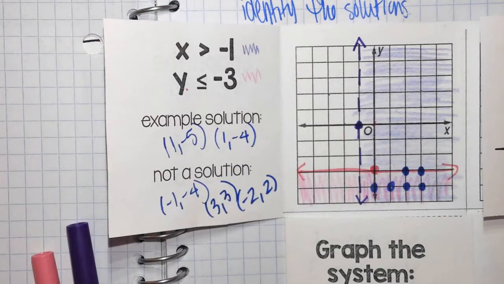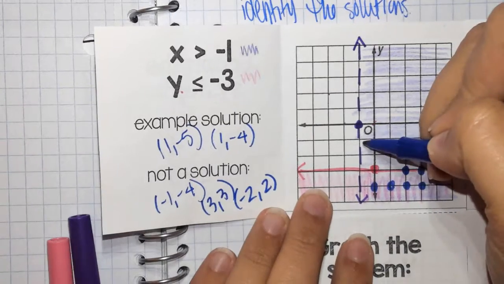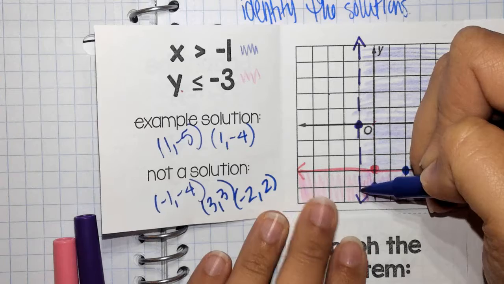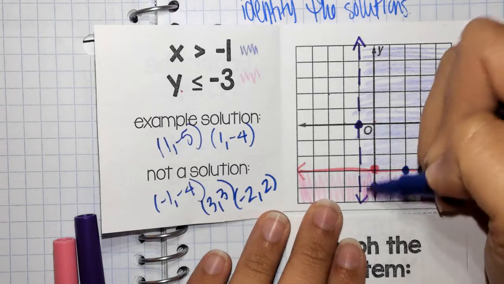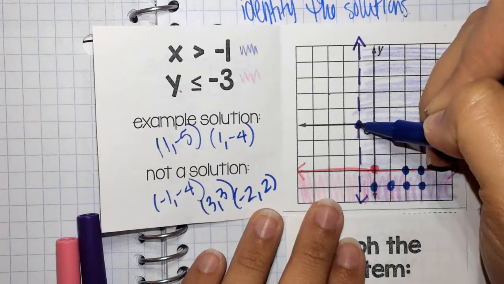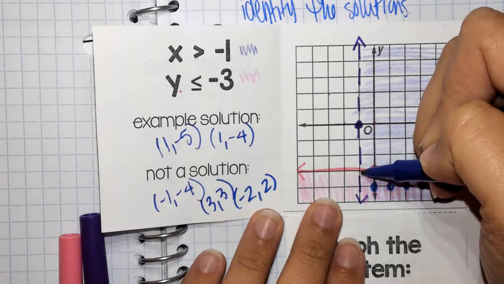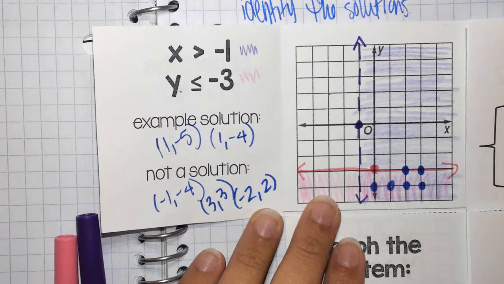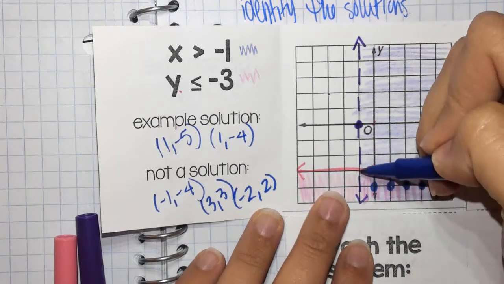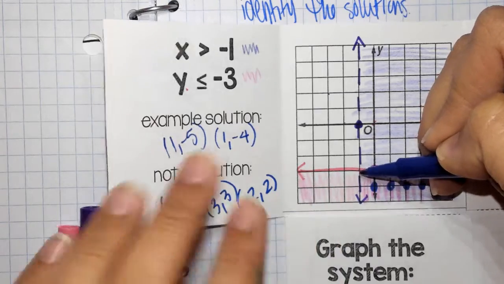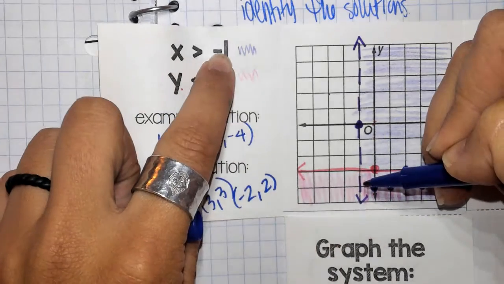Okay, now, here's where it gets a little tricky. What about -1, -3? It's right here, isn't it? But it says that x has to be greater than -1.